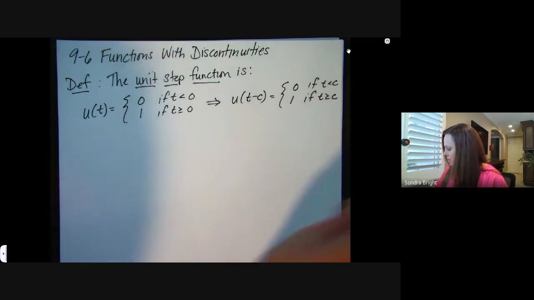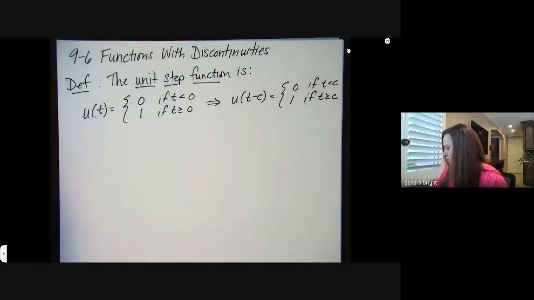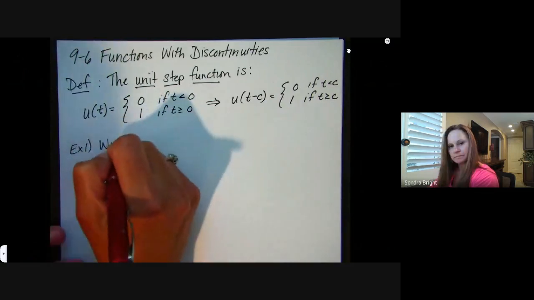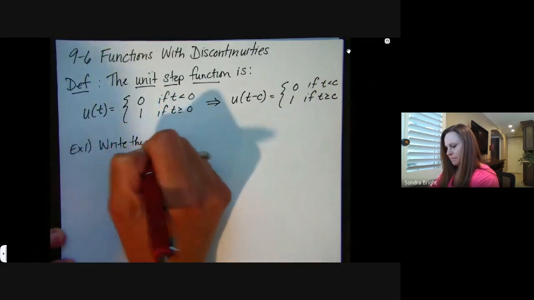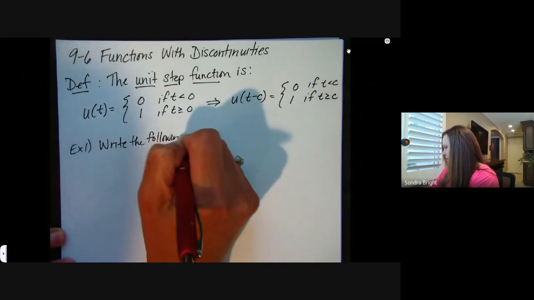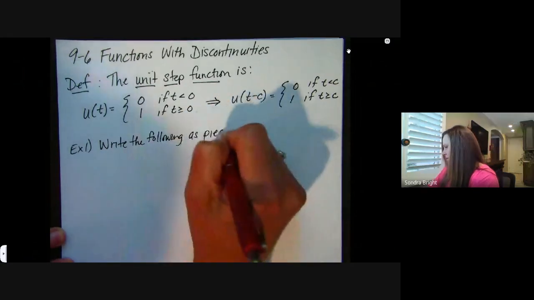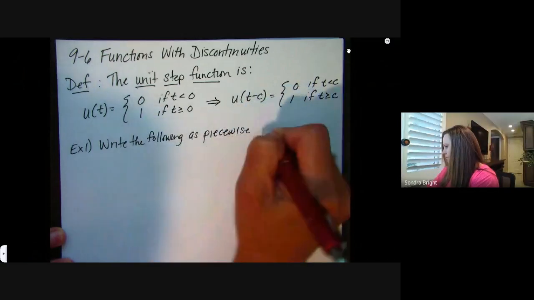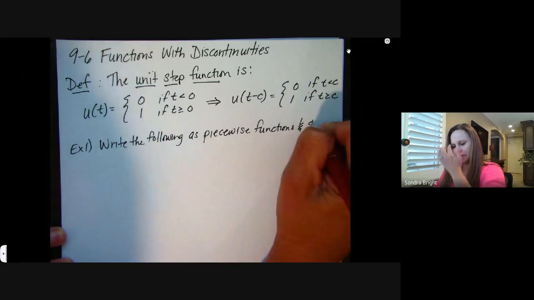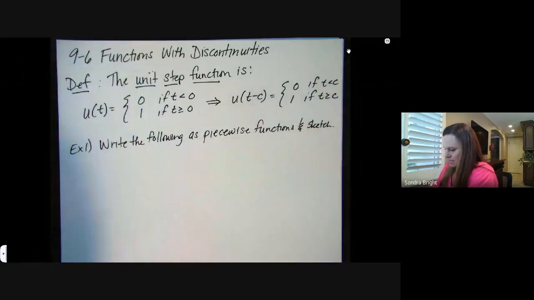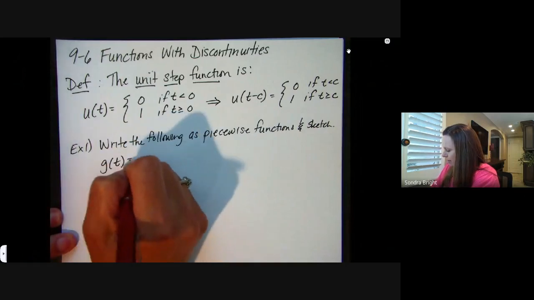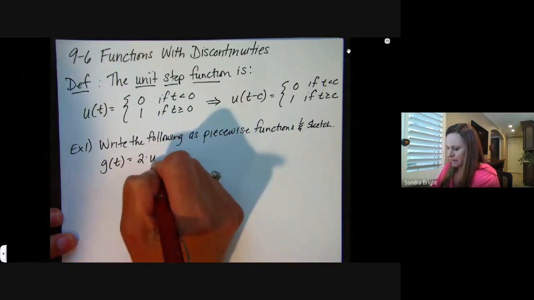Okay, so let's write the following as piecewise functions. And we're going to sketch them too. All right, so the first one is if g of t is equal to 2 times u of t minus 3.